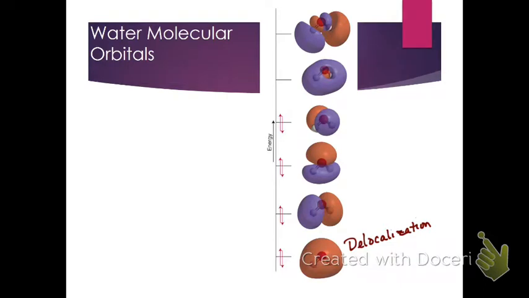So here's another diagram which shows these molecular orbitals in water, but actually shows the illustration of the orbitals as they might look when we look at the overlap. So we'll notice that the lowest energy orbital, which is completely constructive, has delocalization over the entire molecule.